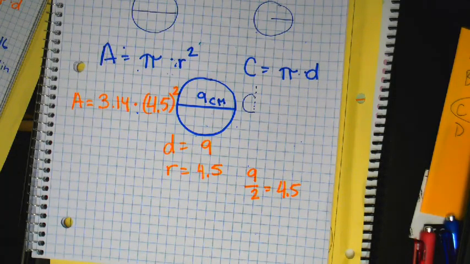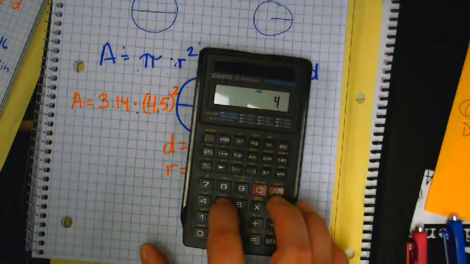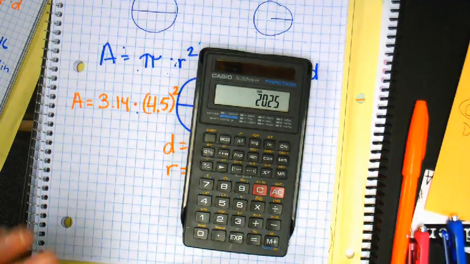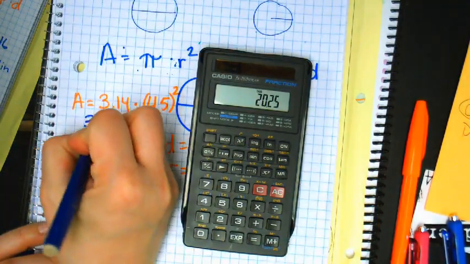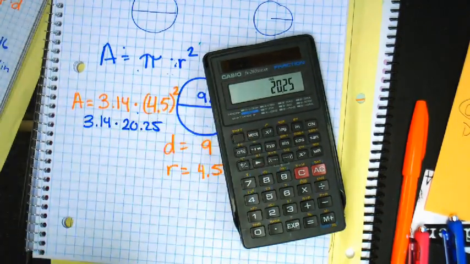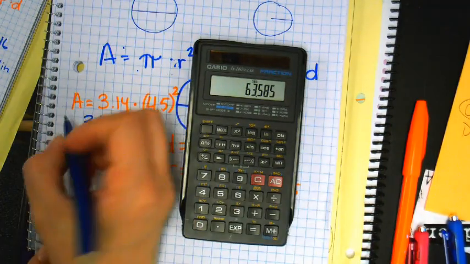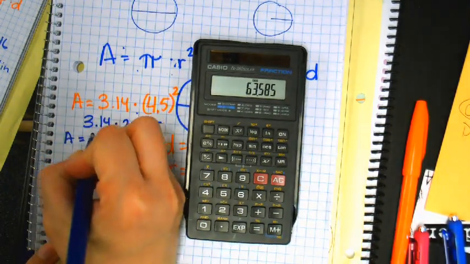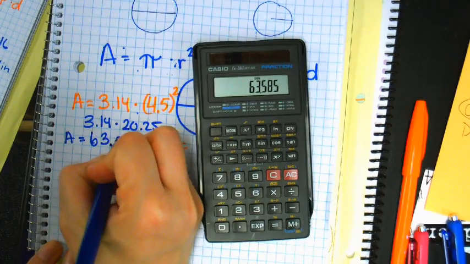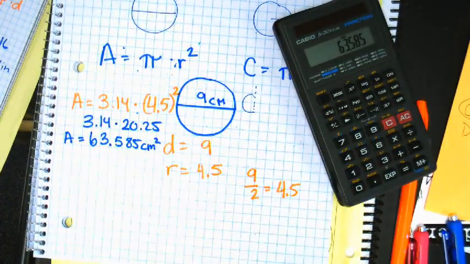So you got to do 4.5 squared. 20.25. So 3.14 times 20.25. What are my units? cm squared, centimeter squared. Good.